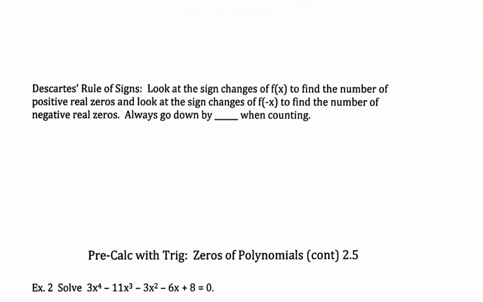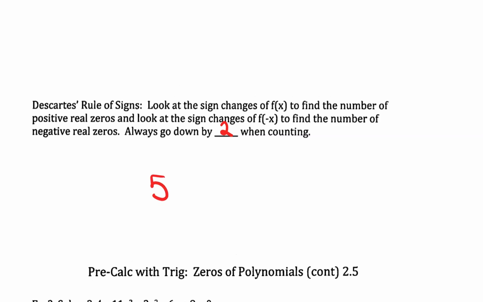One more part. Descartes' rule of signs: look at the sign changes of f of x to find the number of positive real solutions, and look at the sign changes of f of negative x to find the number of negative real solutions. Always go down by 2 when counting. So, for example, let's say when you were looking at f of x, there were 5 sign changes.